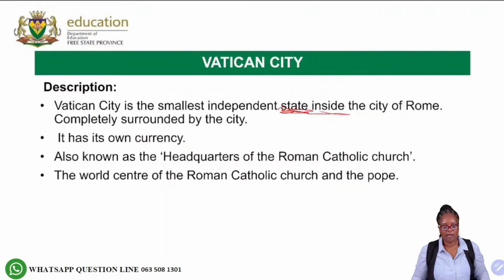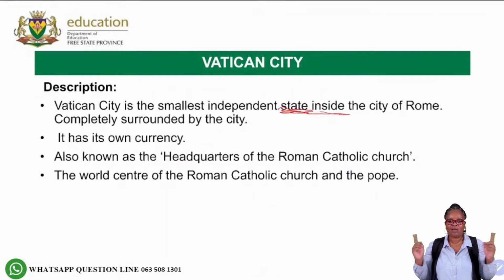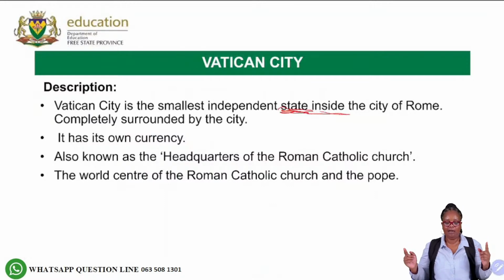If you don't want to say the Vatican City, you have to say that it's the headquarters of the Roman Catholic Church, the world center of the Roman Catholic Church. And that's where the Pope lives. We find the Pope here in the Vatican City.